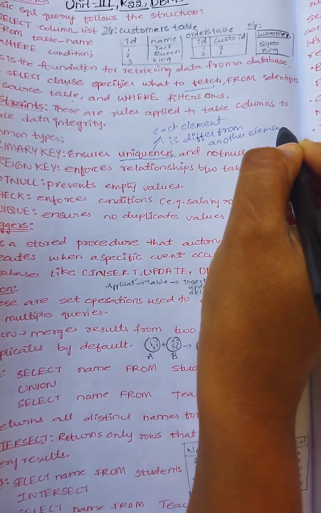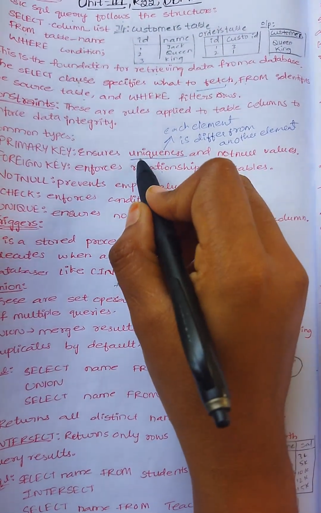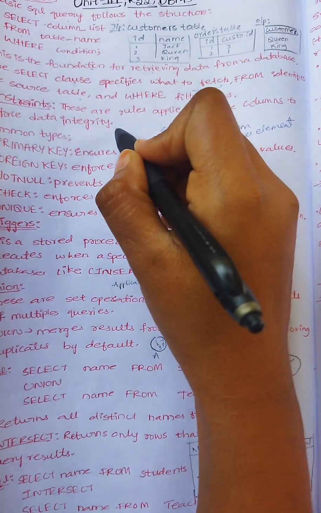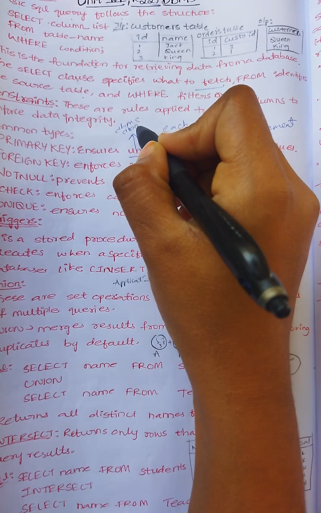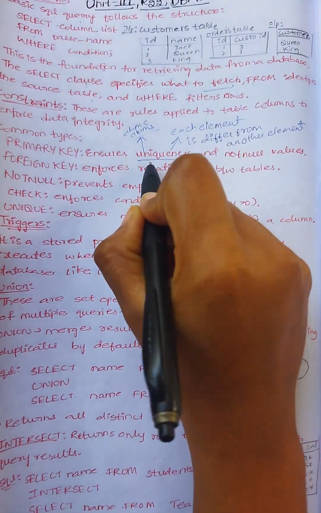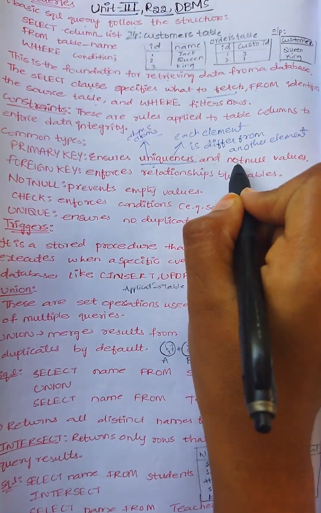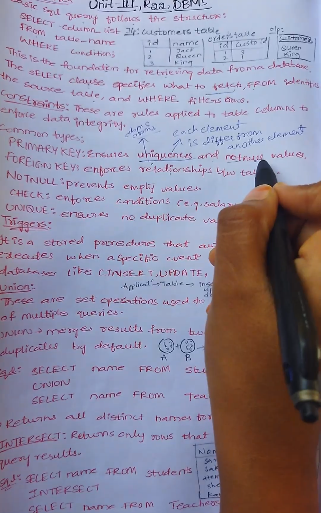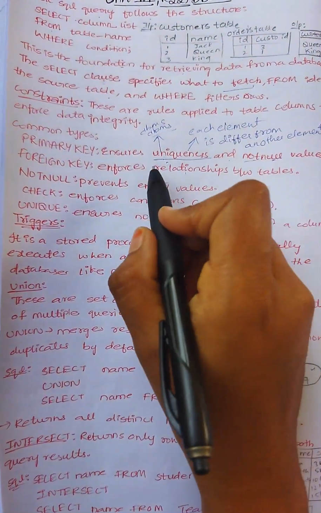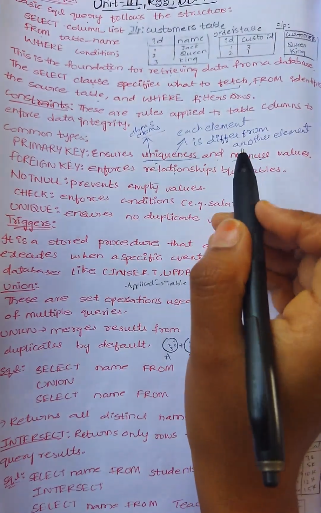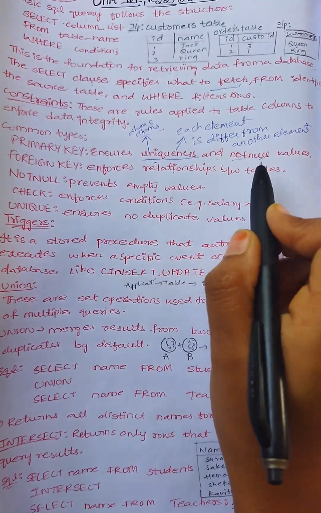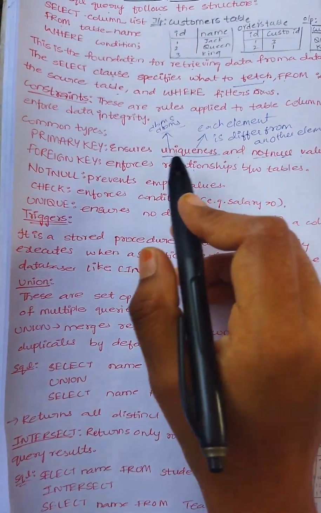It does not allow duplicate values with the same name, like DBMS, same names. Should not contain duplicate values is known as uniqueness. And not null, it should not contain null values or empty values. It should contain different elements in a table and all should be filled without null values is known as primary key.